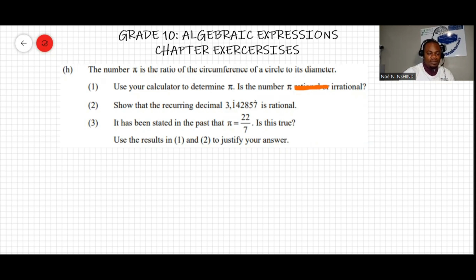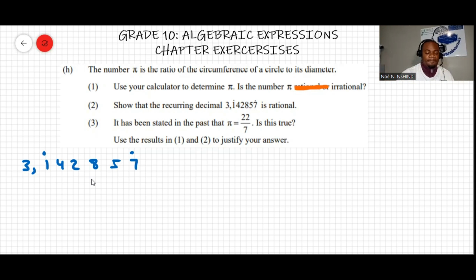The dots mean that all the digits from 1 to 7 inclusive are recurring, meaning they repeat themselves over and over in that order. It is going to be 142857, 142857, 142857 over and over.